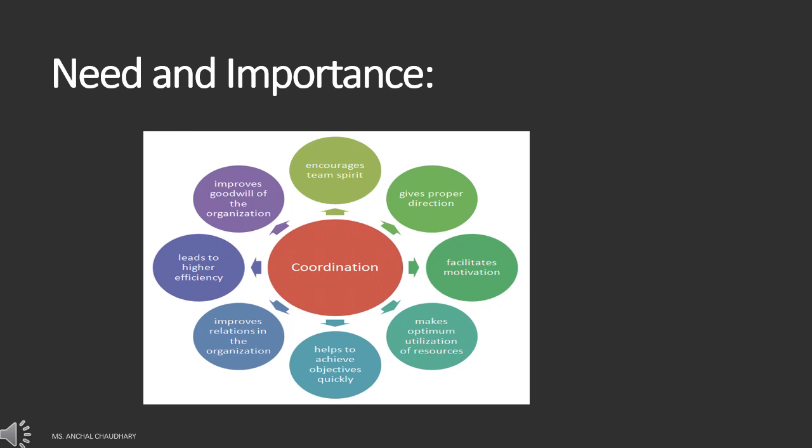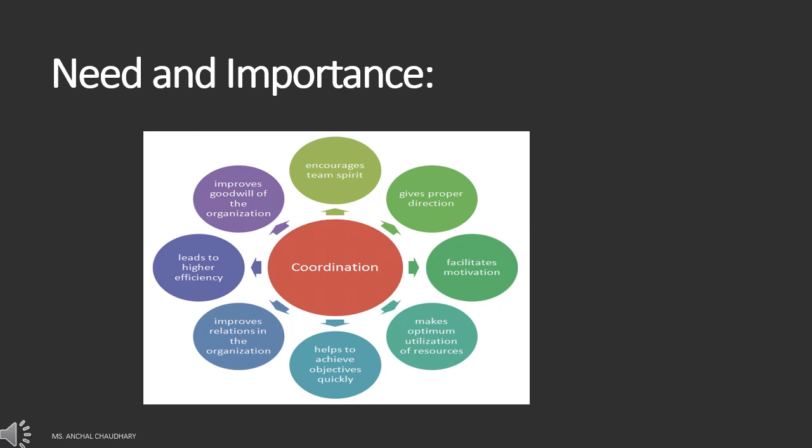Next is coordination improves relations in the organization. When there is proper coordination in an organization at each and every level, and the manager shows interest in their subordinates' activities and also guides them to work more efficiently, that will help the overall improvement in the relations of the organization.